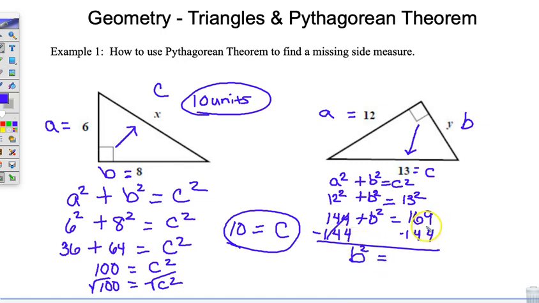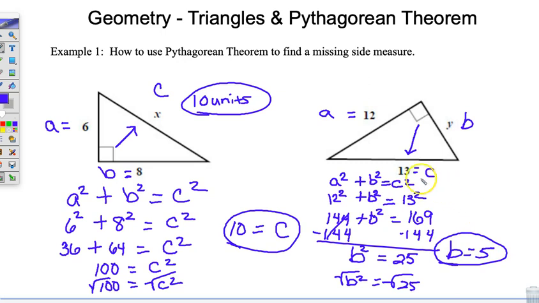On the other side, 169 take away 144 is 25. So now I'm looking for a number times itself that's equal to 25, or in other words, find the square root of both sides. And when you do that, you will discover that B is equal to 5.